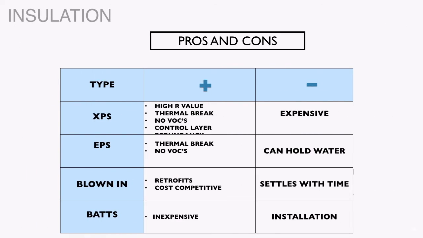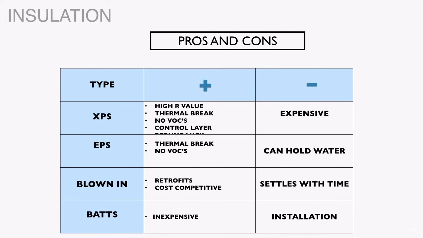So just as a wrap up, some of the pros and cons of the various types of insulation. With XPS, rigid foam board, we've lost some of our words here on that. But the XPS has a high R value, will create a thermal break.